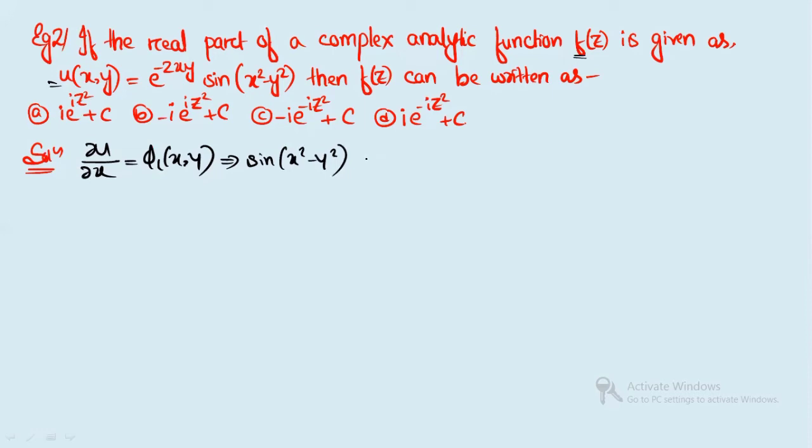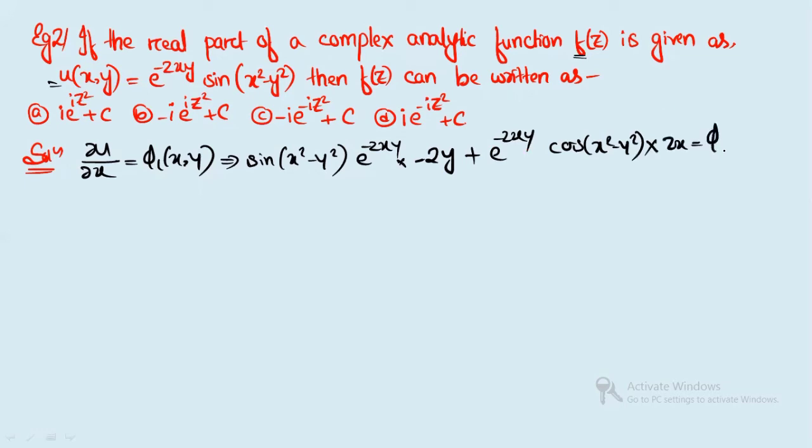This on differentiation will give me e to the power minus 2xy into minus 2y. Again you will write plus; this time e to the power minus 2xy is constant, and sine of (x square minus y square) will give you cos of (x square minus y square) into 2x.